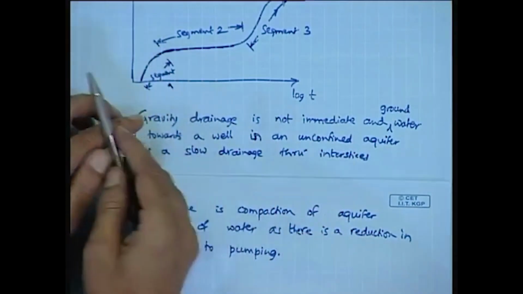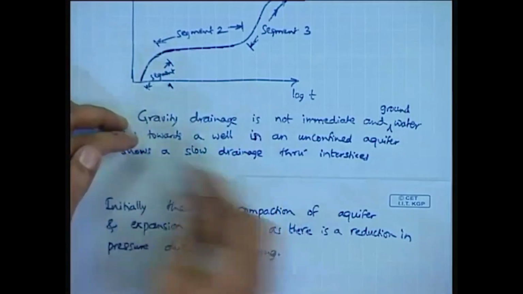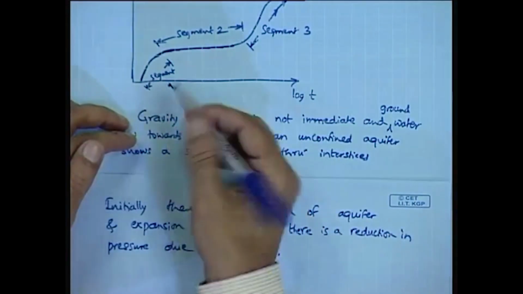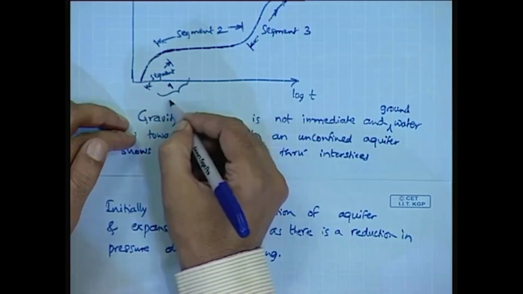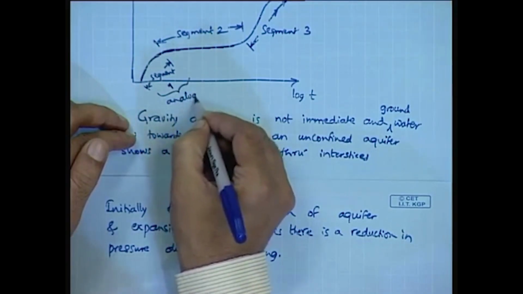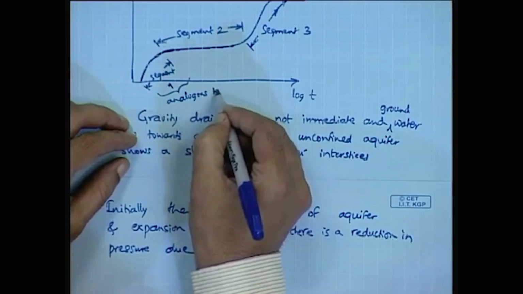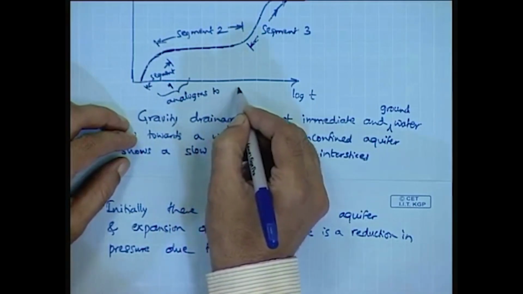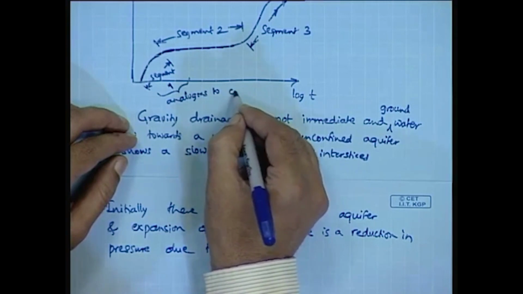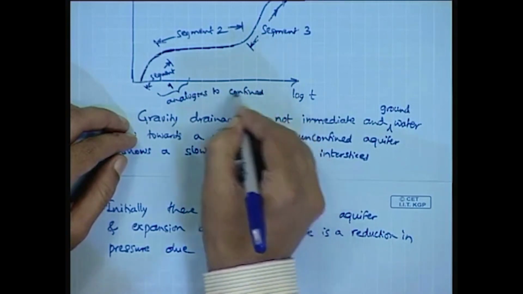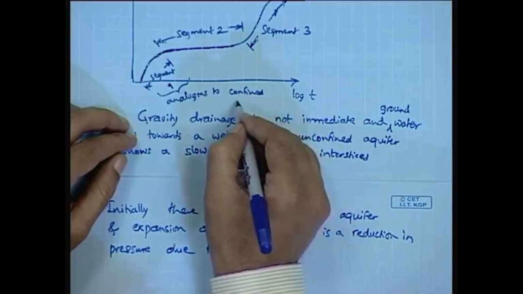So, this segment 1 is analogous to a confined aquifer, or artesian aquifer, or pressure aquifer, with confined flow.